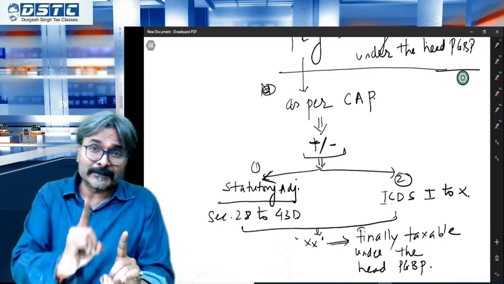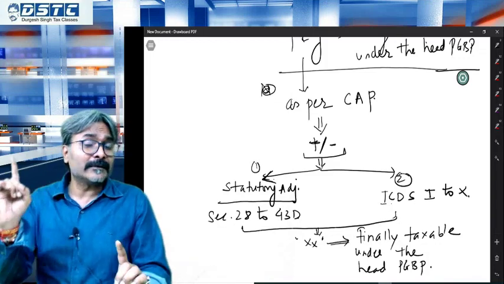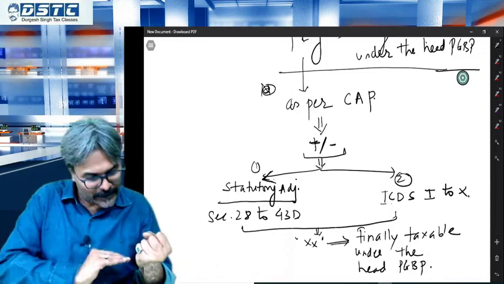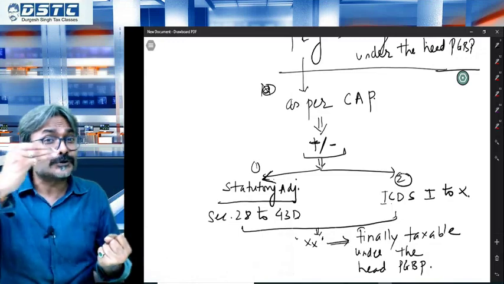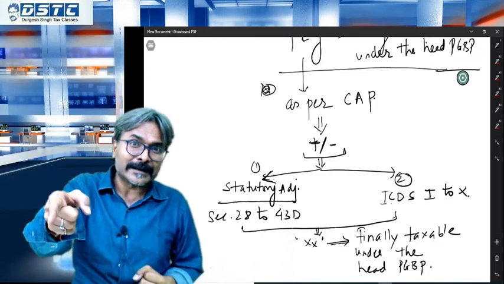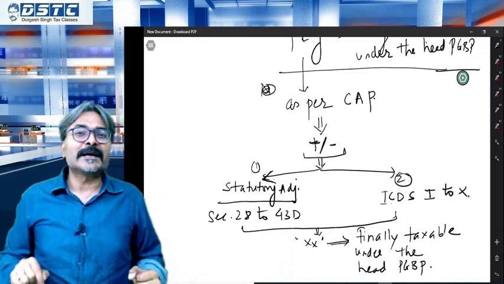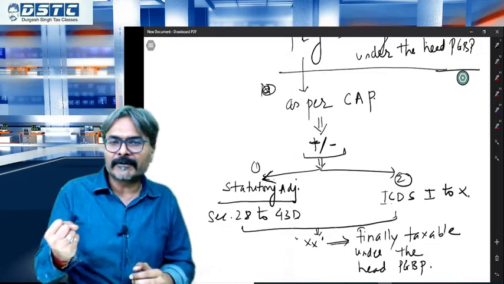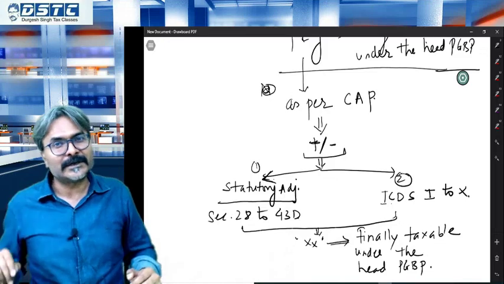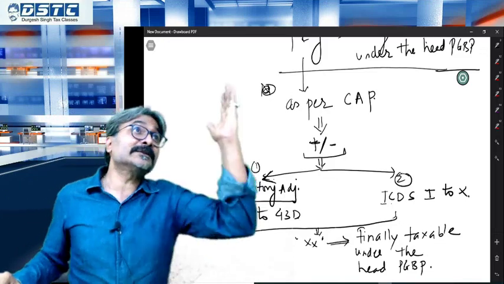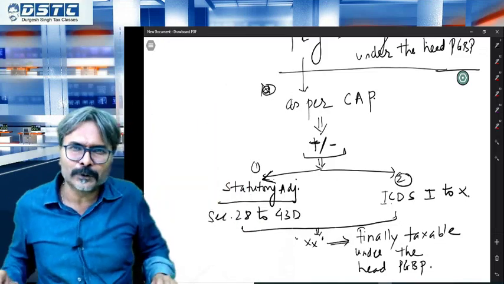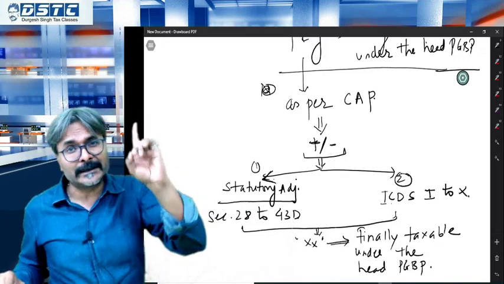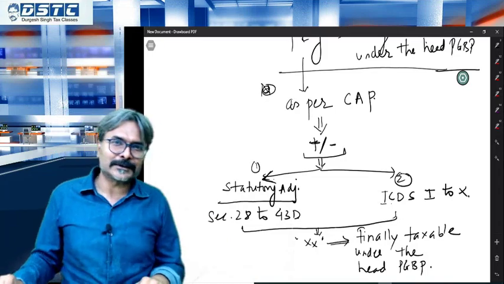This is the reason why direct tax is considered very tough. They have not understood the core concept of where you have to start, the flow, the approach, how you should enter a particular provision at a particular point of time. All that is integral to getting a firm grip on this subject, not only to pass this paper with flying colors, but also to make a very solid career in direct tax law.